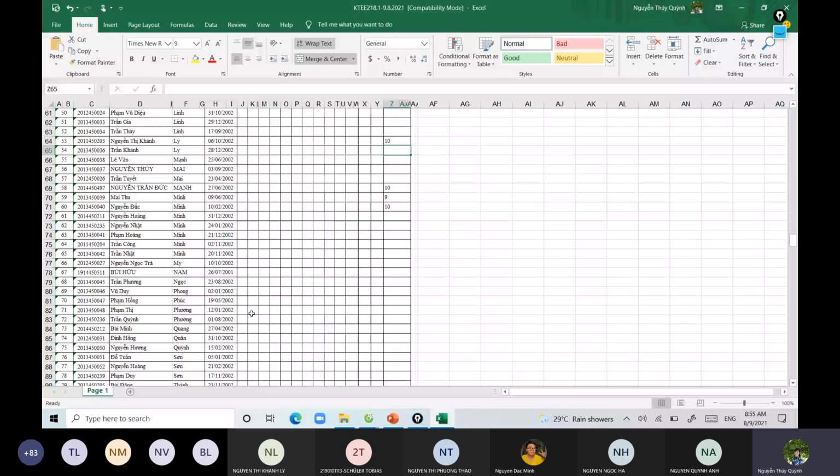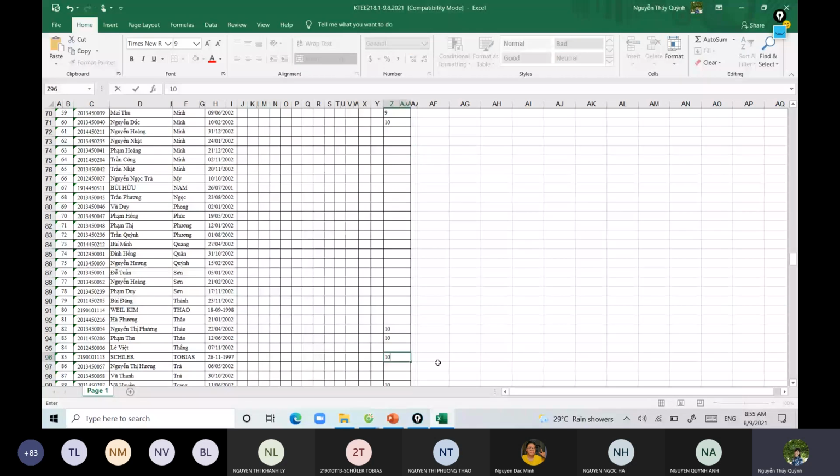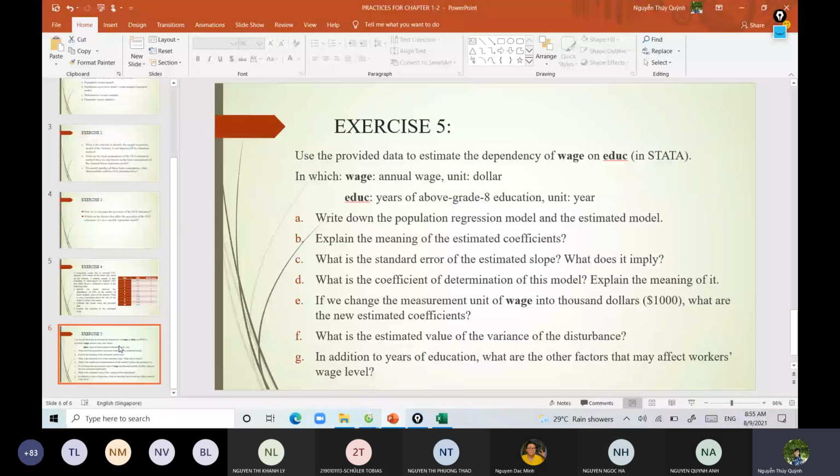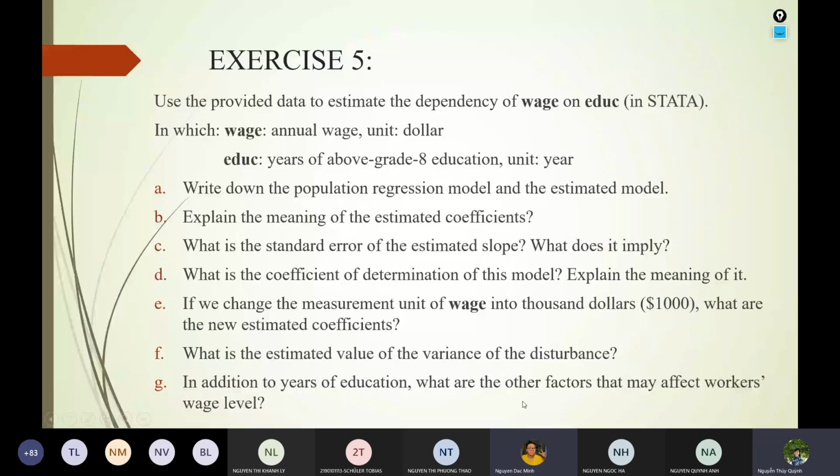We still have one more exercise, that is exercise 5. And in this one you will have to use data to solve the problems. Have I instructed you how to use data to estimate the model? No, not yet. Okay.